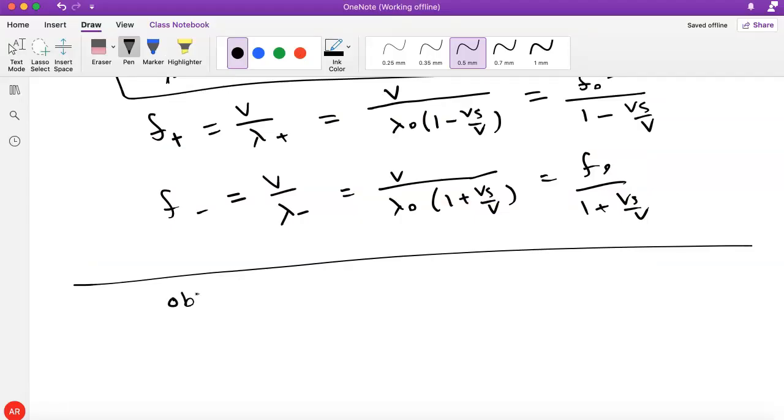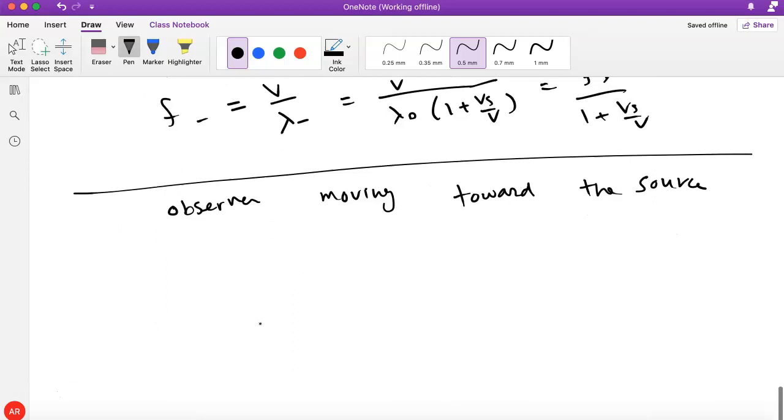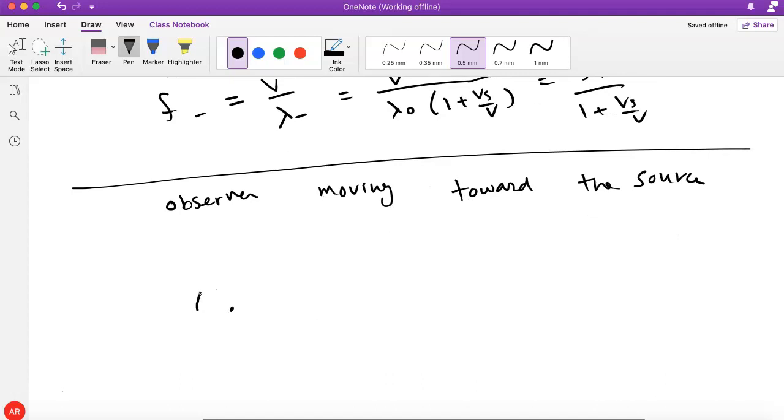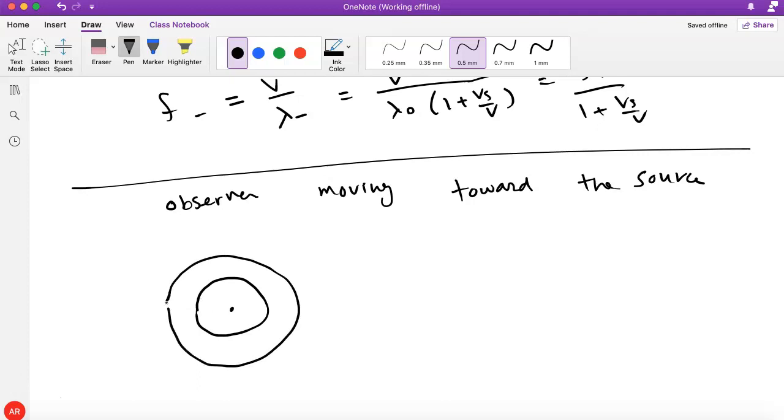So let's say the observer is moving toward the source. So the source is here, it's stationary, and we have these concentric wave fronts, right? The distance between them is lambda naught.